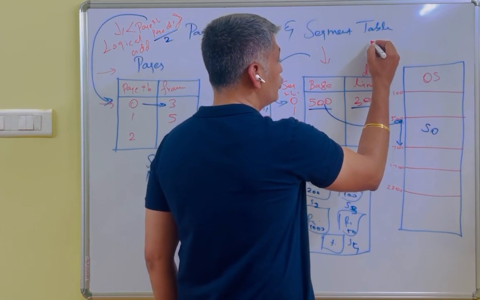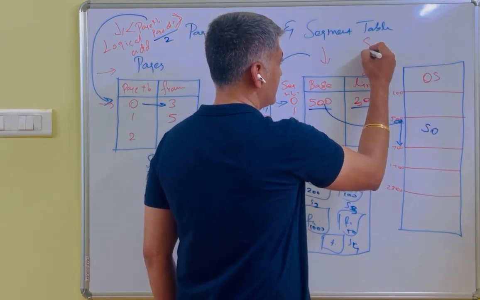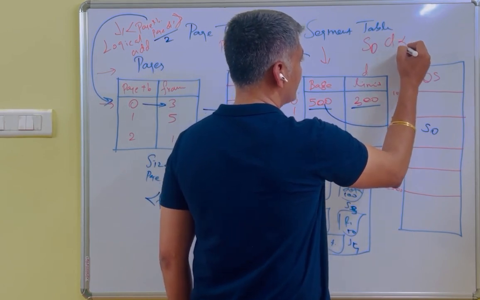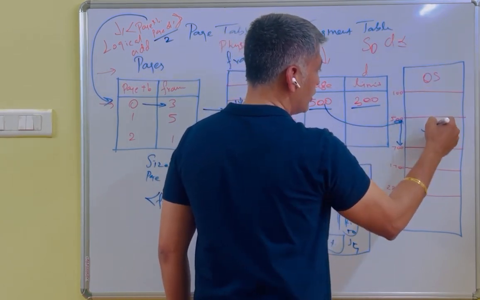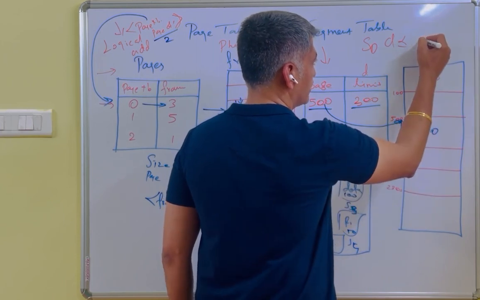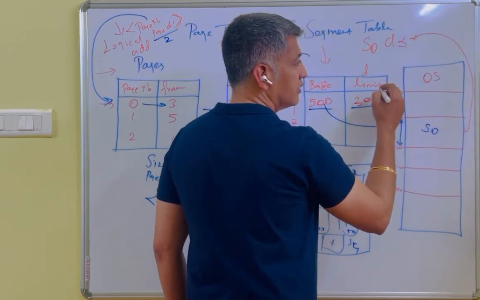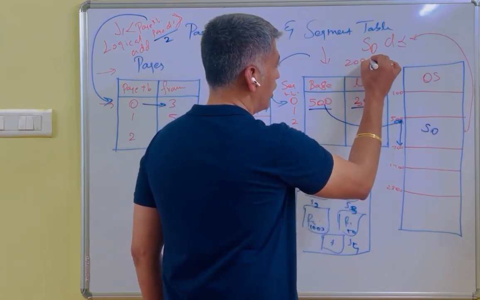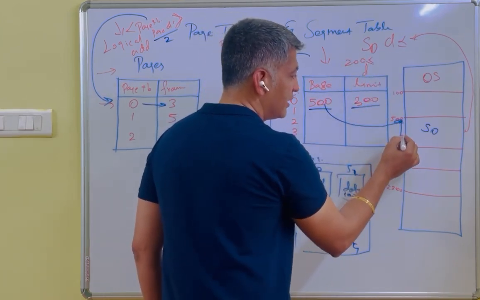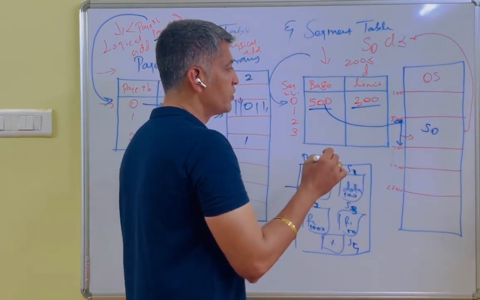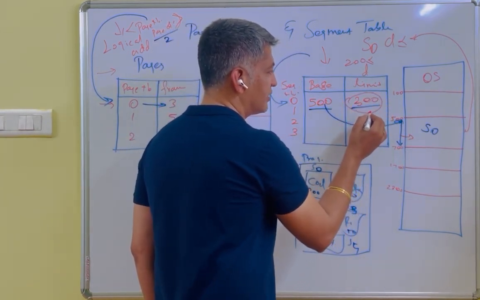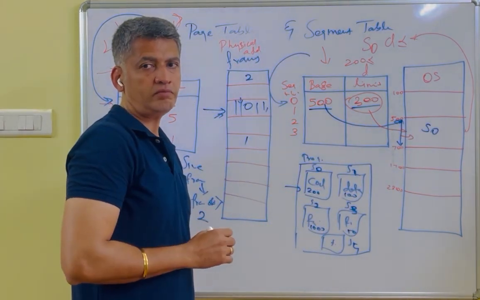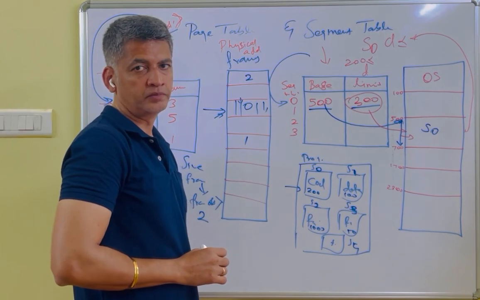So d needs to be less than or equal to the actual size, S0. Only then will it be allocated. Only 200 or less than 200 is allocated to segment number 0, but the limit is 300, which is not suitable for segment number 0. So here an error may happen.